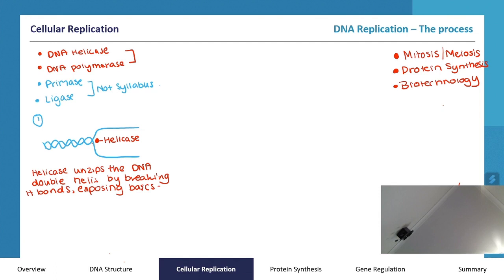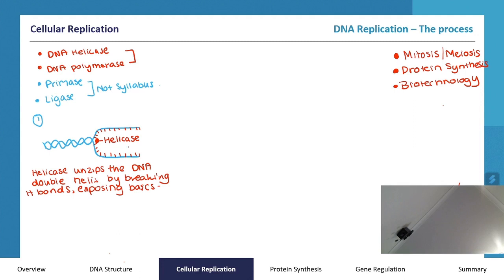As you can imagine, if those hydrogen bonds are broken between adenine and thymine and cytosine and guanine, we've got all of these bases which are now freely exposed to organelles, enzymes, ribosomes, anything that wants to do anything to them. So this is the way that your cell can access information that's coded within your DNA.